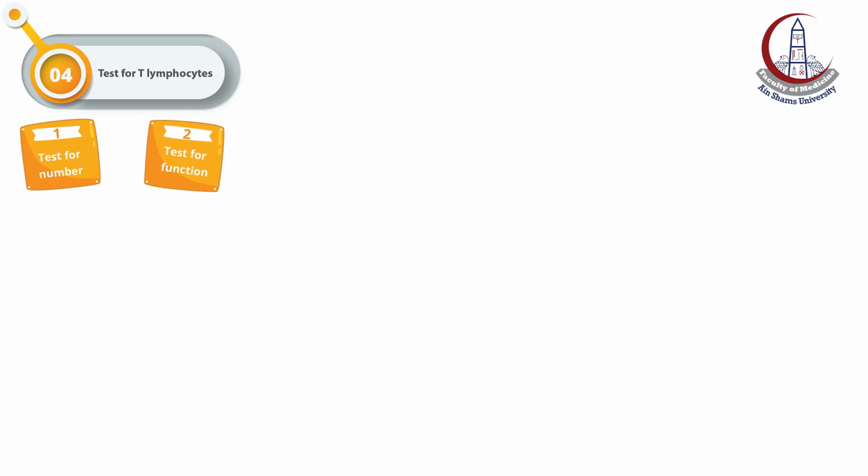To test for the function of T lymphocytes, well, we have two major groups of T lymphocytes. We have CD8 positive cytotoxic T lymphocytes, and we have T helper or CD4 positive T lymphocytes. Remember, the function of T helper cells basically is that when the T cells recognize their antigens, they will proliferate, they will mediate a cell-mediated immune response, and they will release cytokines.